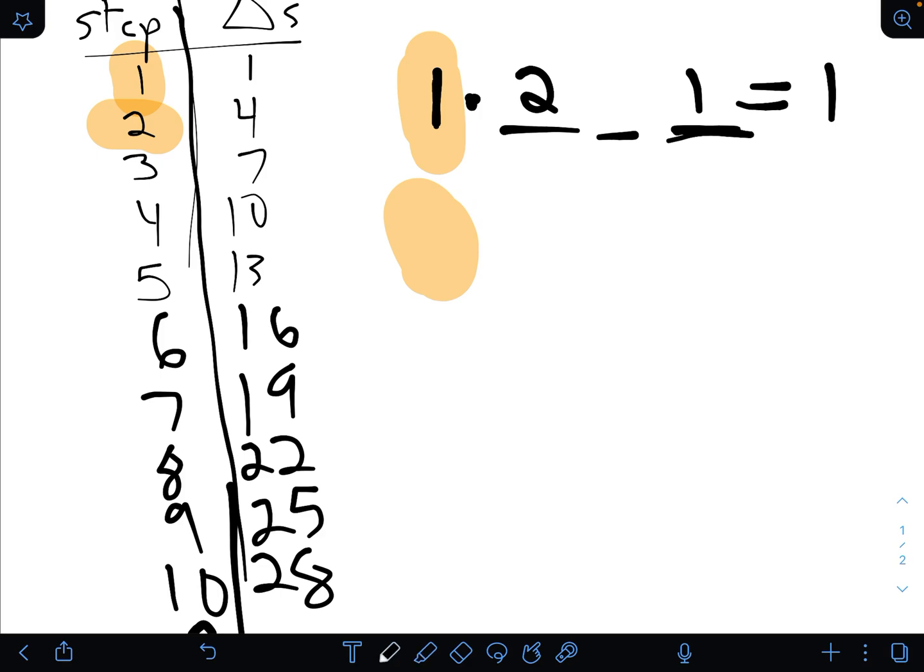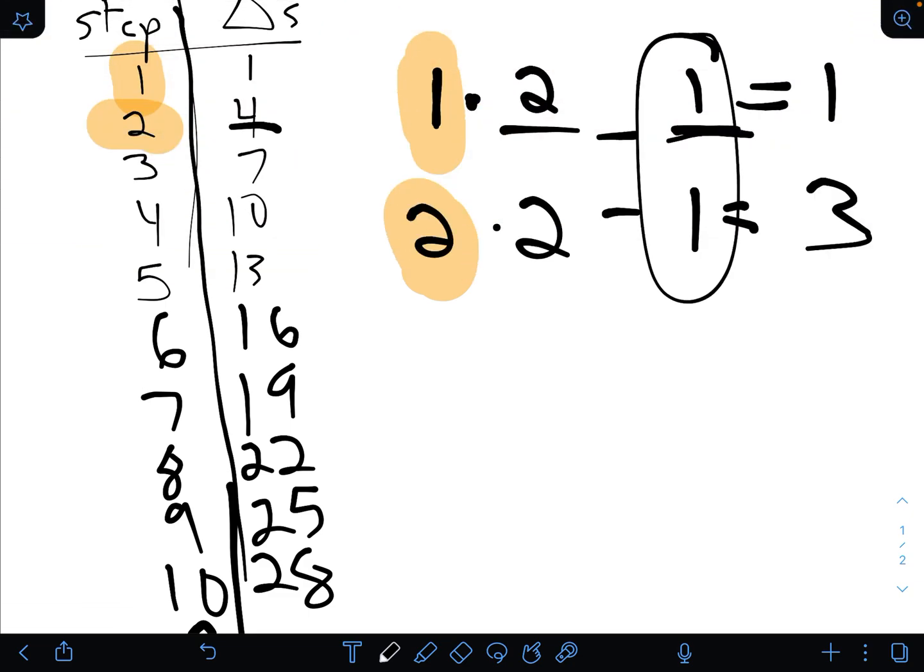So I would say, okay, I want 2 times 2 minus 1. That would be 3. Oh, that's not right, because what I want is 4. Okay. But if I make this any bigger, then that's going to throw that off too. So this is like trial and error.